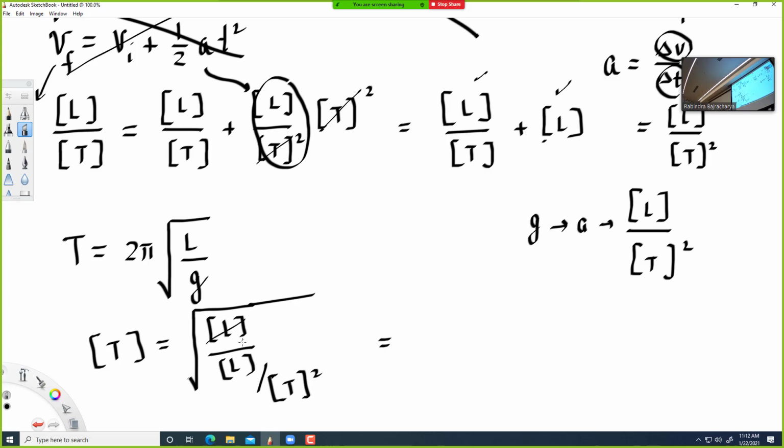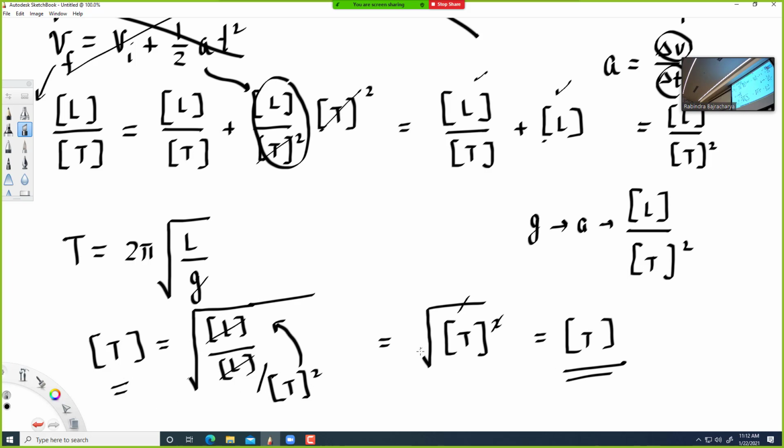So you can cancel this L and L and then move this t squared to the top. Okay, it goes on the top. So then you get t squared, and then you cancel this square root and square, and then you get t. And you see that you have t on the right side and t on the left side. So that means it's consistent. So this means this formula is correct.